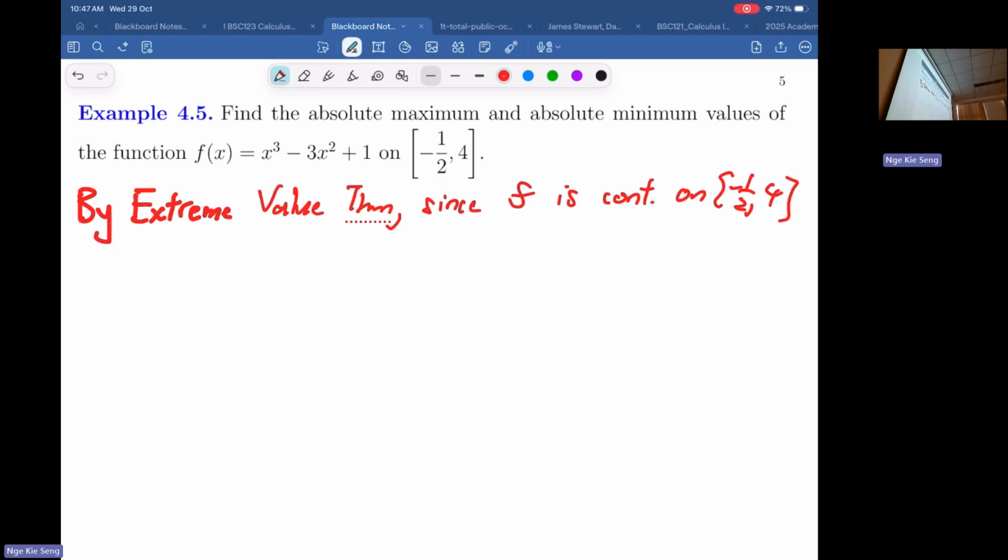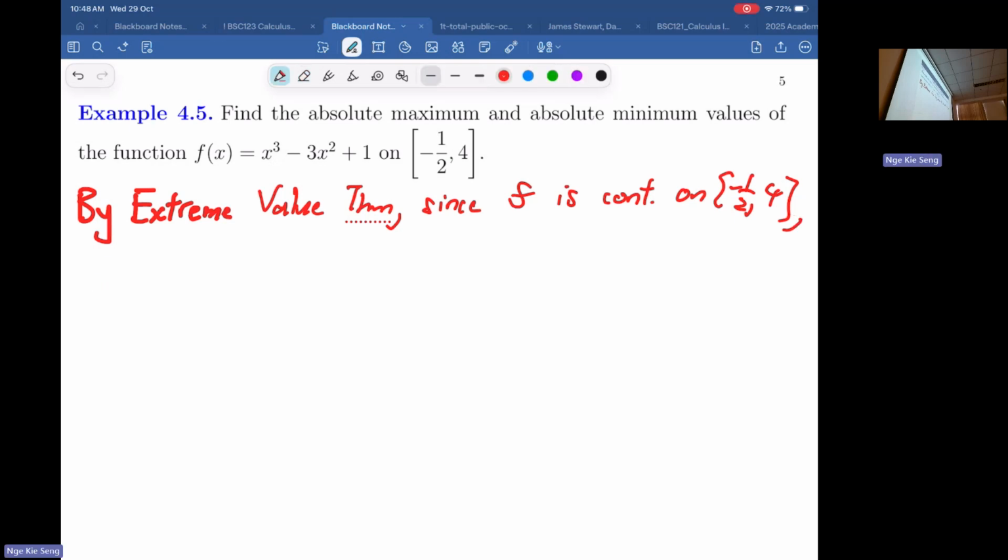This f is what kind of function? Polynomial, right? We know that a polynomial is always continuous on the domain where it is defined. So there exist an absolute maximum and an absolute minimum by the extreme value theorem.